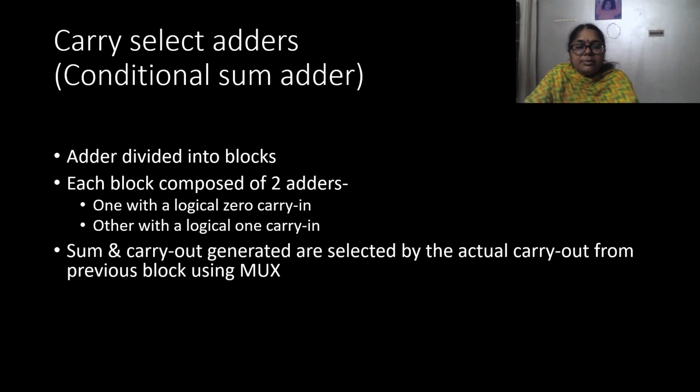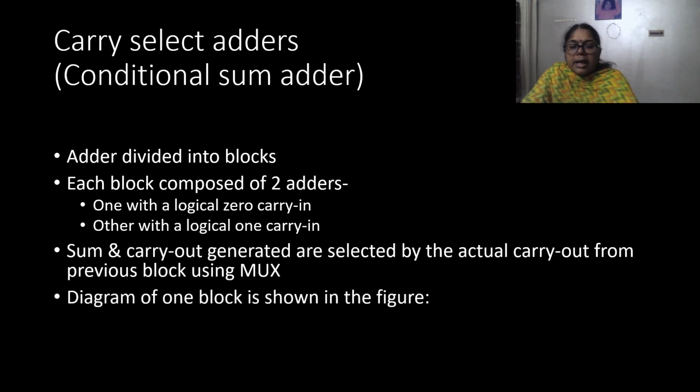So once that previous block has generated the carry output signal and given it as input to the next block, this next block would already have its carry out and sum ready for both the conditions, if C input was 1 or 0. Thus, which sum to be selected is taken care of by using the multiplexer. Diagram of one block is shown in the figure here.